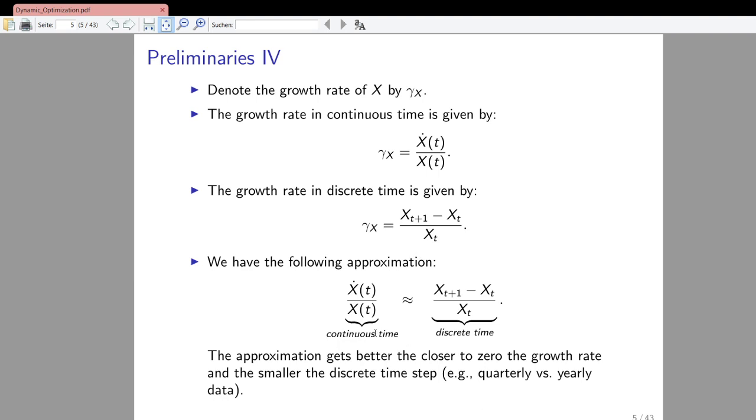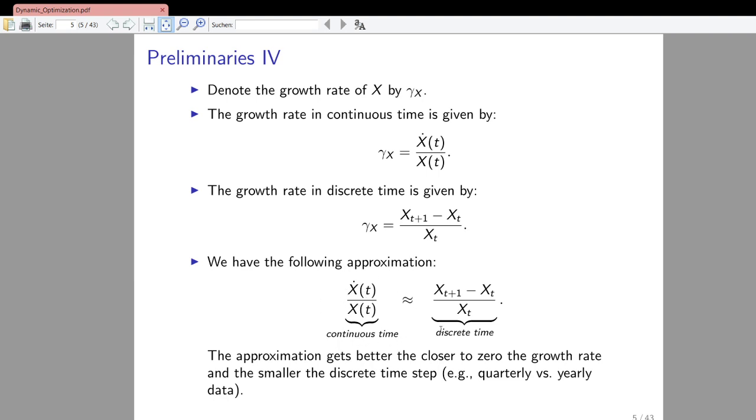And these two are basically approximations to some extent. So if time is indeed continuous, then the true growth rate would always be the derivative of the variable with respect to time divided by the variable itself. So the growth rate in continuous time.